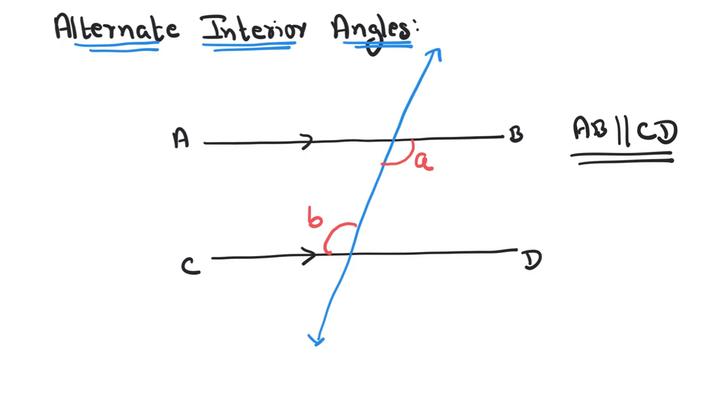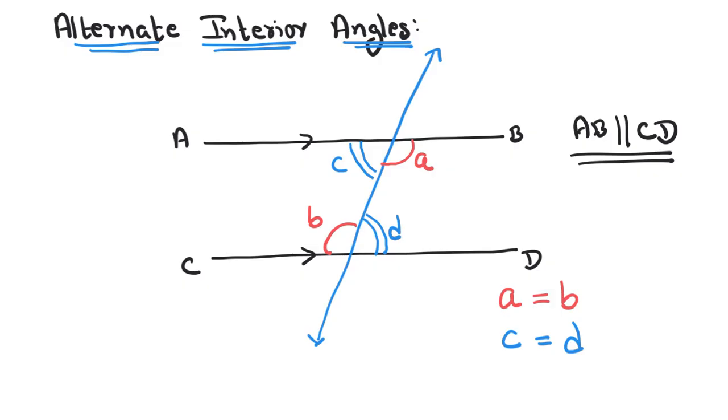That means angle A is equal to angle B. Got it? Similarly, can you figure out the other pair of alternate interior angles? Is this angle C and angle D? Can I say they are also alternate interior angles? Yes. And if the lines are parallel, angle C is equal to angle D.